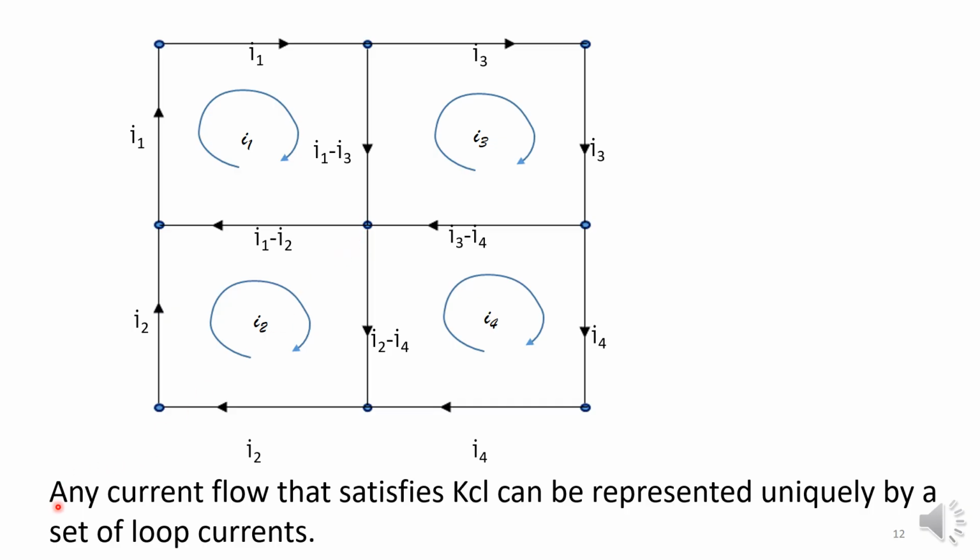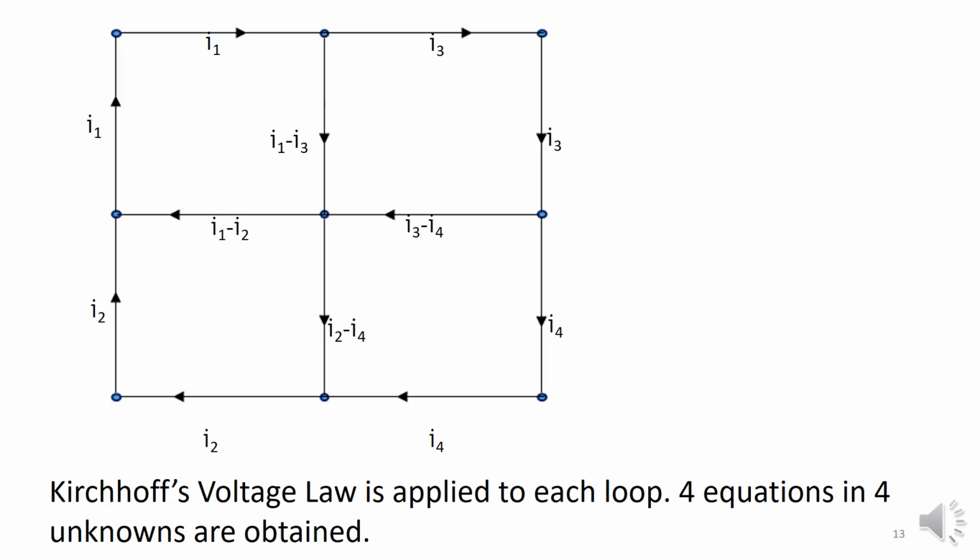Now I'm claiming that any current flow that satisfies Kirchhoff's current law can be represented uniquely by some set of loop currents. I will make more videos illustrating why this statement is so. But for now we will just accept this.